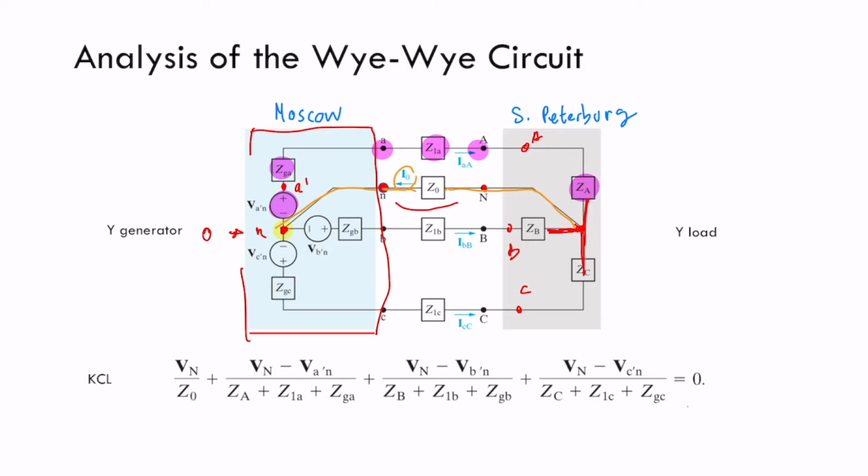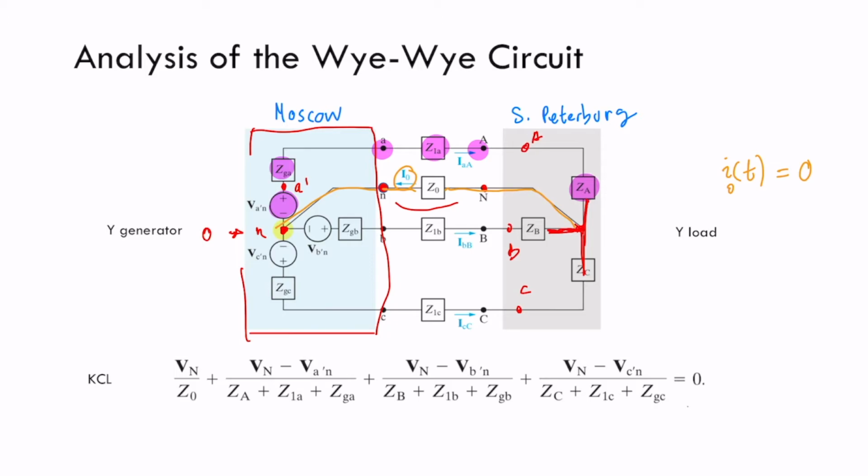This is I0. If this I0 is always 0, I don't need this line. If I0 is always 0, we don't need a line for closing these circuits. If this I0 is different than 0, then I will need to think about how big this line will be.